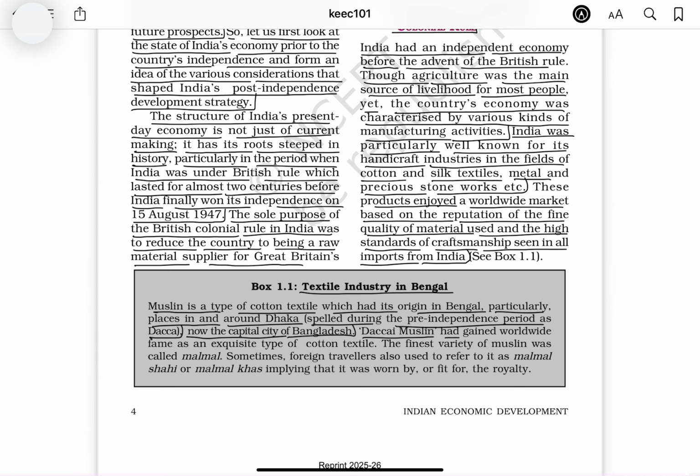Dhakai Muslin had gained worldwide fame as an exquisite type of cotton textile. The finest variety of muslin was called malmal. Sometimes foreign travelers also used to refer to it as malmal shahi or malmal khas, implying that it was worn by or fit for the royalty.